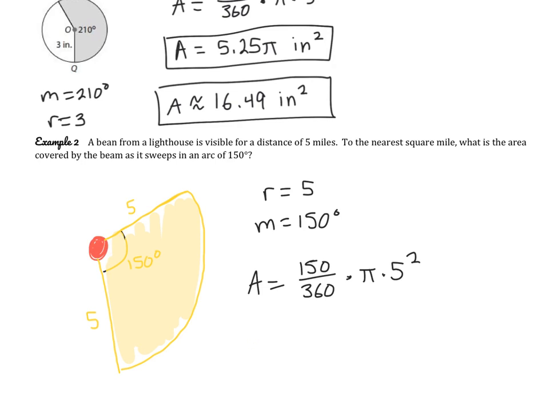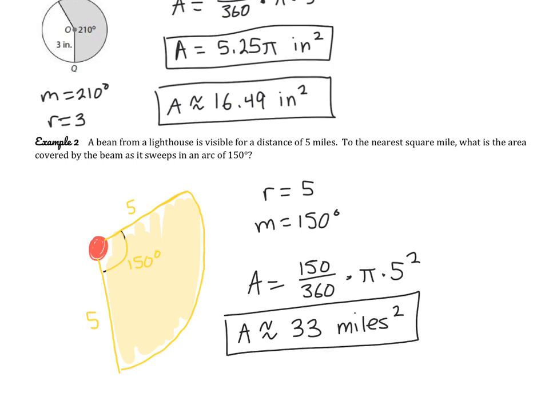This would give us a decimal approximation. Well, if we round to the nearest square mile, it'd be 33 miles squared. Again, what my calculator shows is 32.724, and so on. So if we round it to the nearest whole number, it becomes 33.